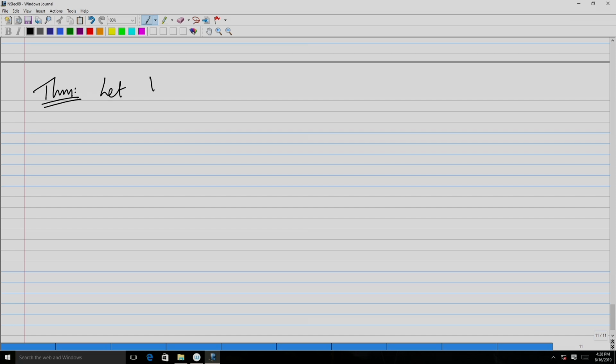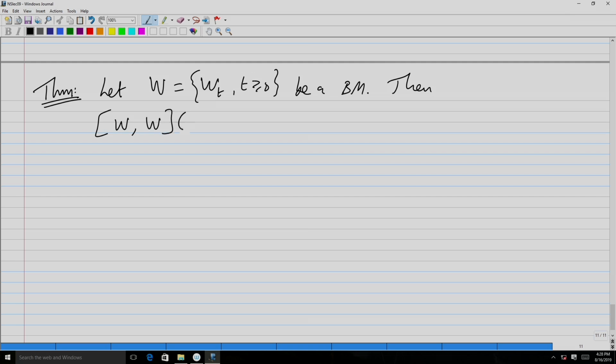Now, let W as usual be a Brownian motion, then the quadratic variation of W on [0,t] equals t for all t non-negative, almost surely.